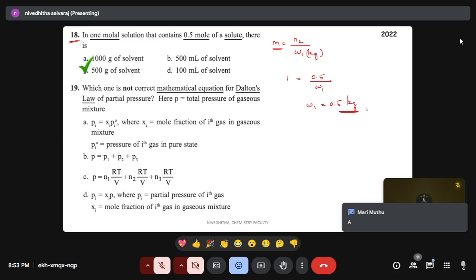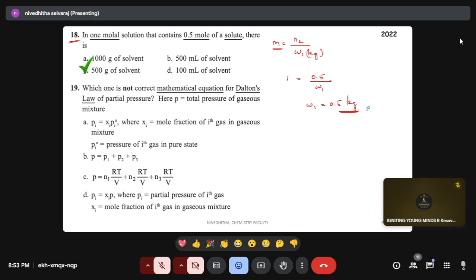Okay. Marimuthu's answer is option A. Interesting. Marimuthu, could you please justify your answer? Senthamil Chelvan's answer is option D. Ma'am, partial pressure is equal to mole fraction times vapor pressure in pure state, ma'am.